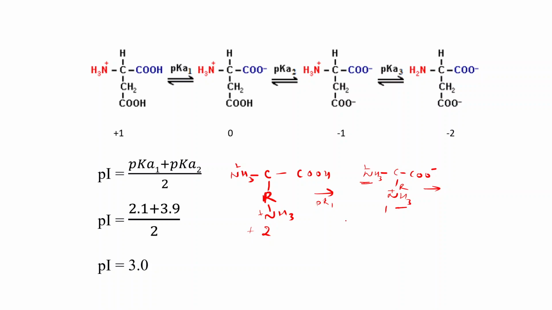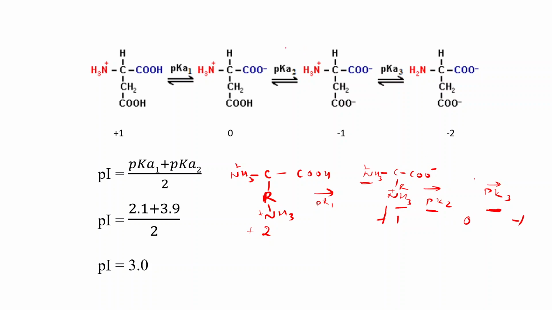So from +2 we will reach +1, then 0, and then -1. So in that case, the average will be taken between pK2 and pK3.